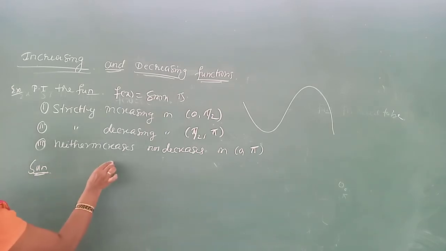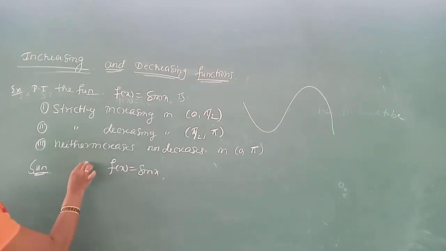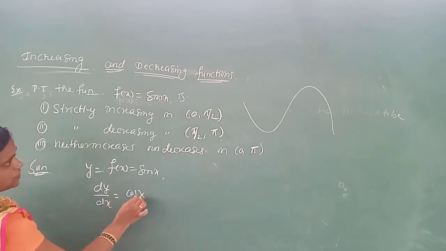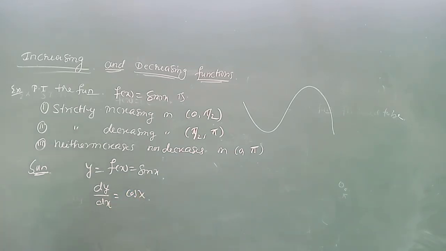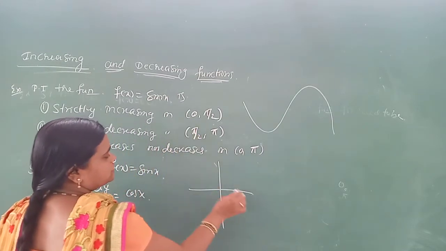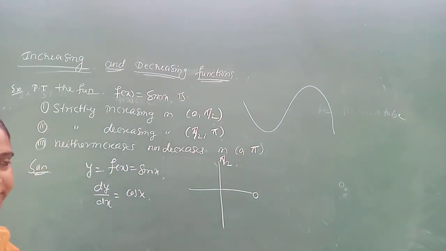Given function f of x is sin x. Correct. This is y equal to sin x. Do the differentiation. dy by dx. Sin x differentiation is cos x. Correct. According to ASTC rule, take 0 to pi by 2. Just concentrate.